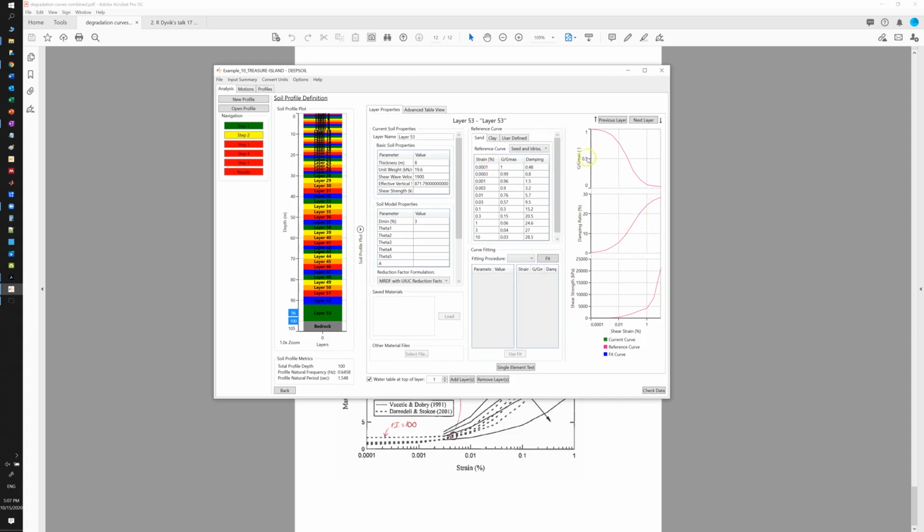It shows you the G max, the damping ratios, and also the estimation of soil strength. So it's pretty handy. This is the default soil type, and if you are running a very expensive project, you are able to run some lab tests.